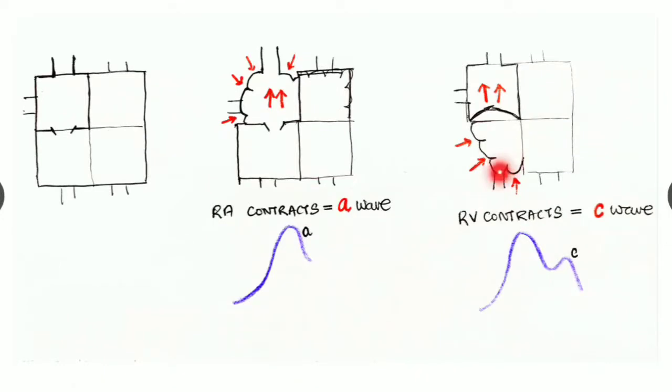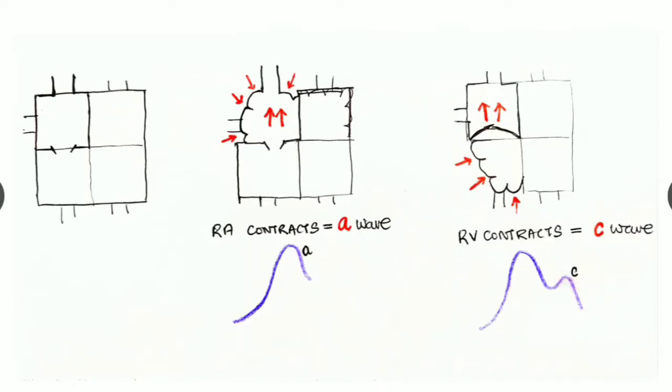Next is the right ventricular contraction. Due to the right ventricular contraction, there is increased pressure in the right ventricle. Due to the bulging of the tricuspid valve into the right atrium, there is increased pressure in the right atrium, and that is reflected in the JVP. This right ventricular contraction produces the C wave, due to the bulging of the tricuspid valve.